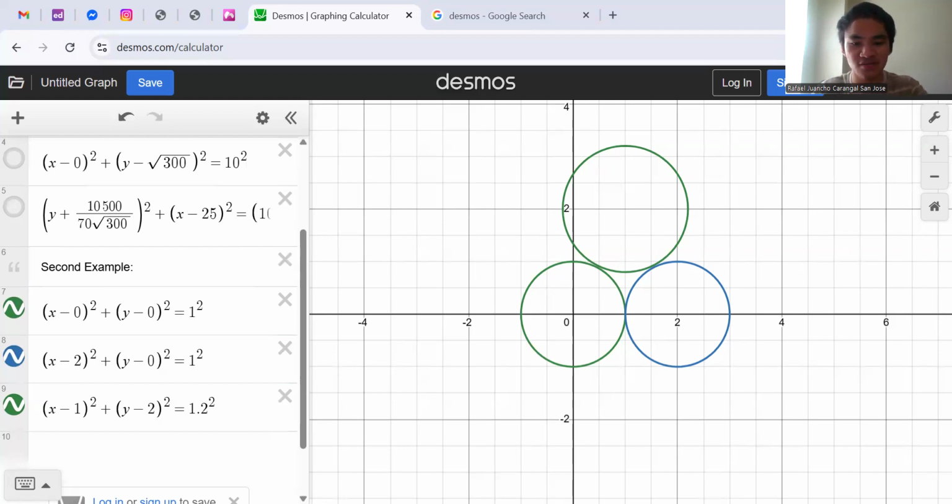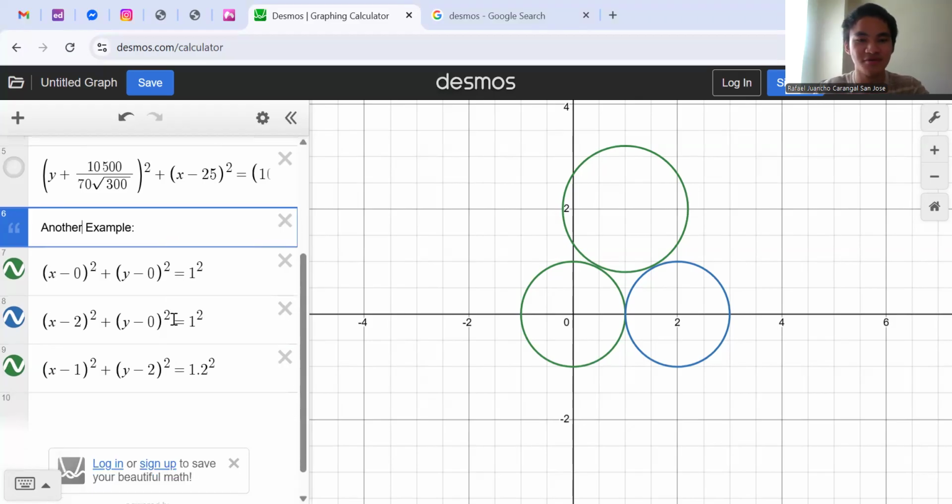I'm just gonna do another example. Okay, let's get ready. Let's see if we can do it. God, these formulas.